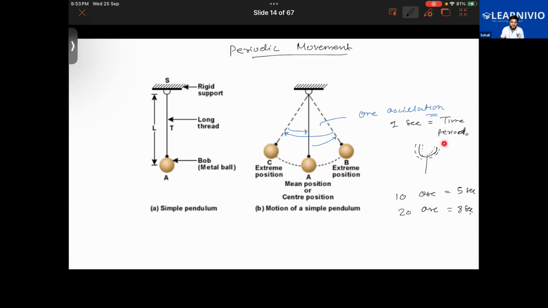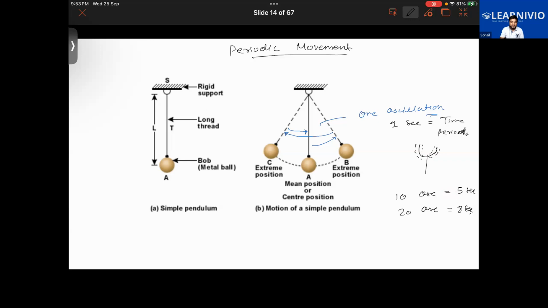By definition, time period is the time taken by the pendulum to complete one oscillation. But how many oscillations are there? 10. How many oscillations are here? 20. By definition, it means the time taken to complete one oscillation. So you are going to divide the total time by the total number of oscillations to find the time period, isn't it?